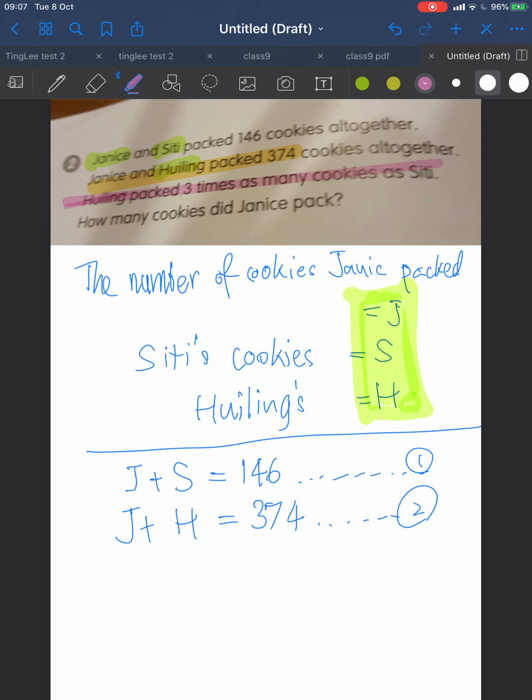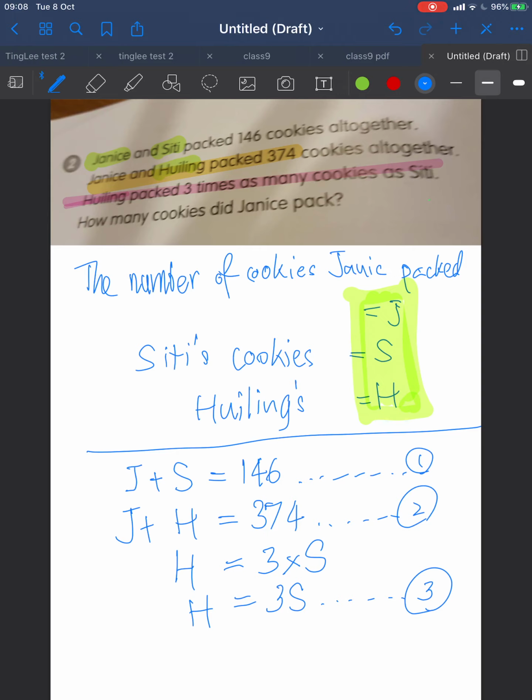So H equals 3 times S. This is equation number 3, but we modify the symbol presentation a little bit. In algebra, we don't use a multiply sign. By default, if you put 2 symbols together, they multiply. So H equals 3S, and this should be equation number 3.